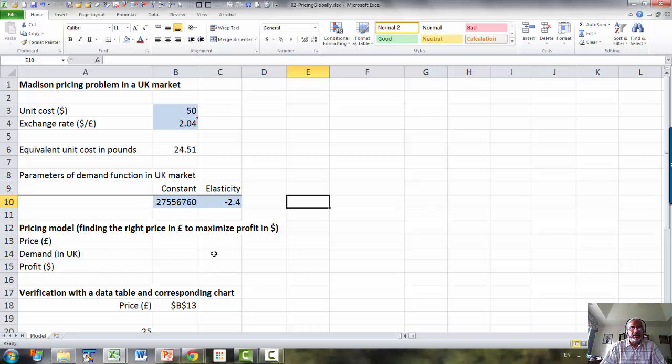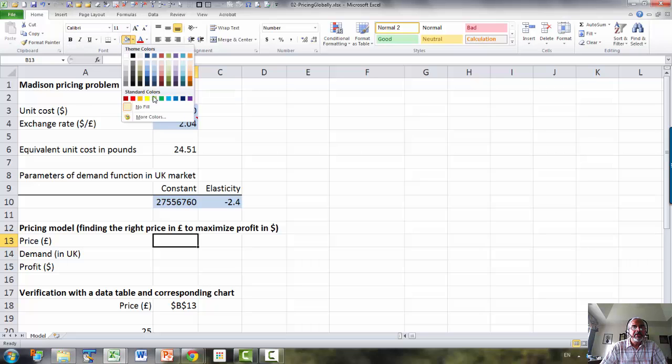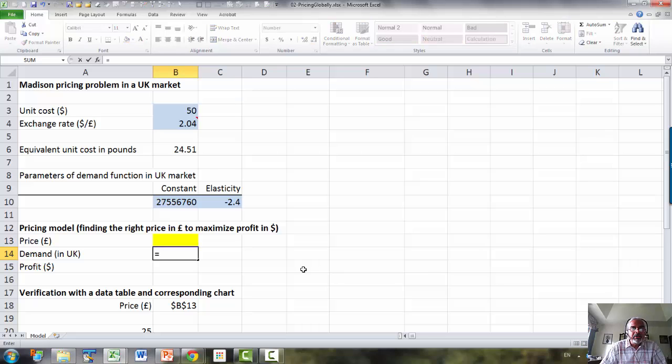We can try other possibilities if we like. Then price is the changing cell. Okay, and so demand, we're going to use these two values. So constant p sub 0 times price to the power of elasticity.